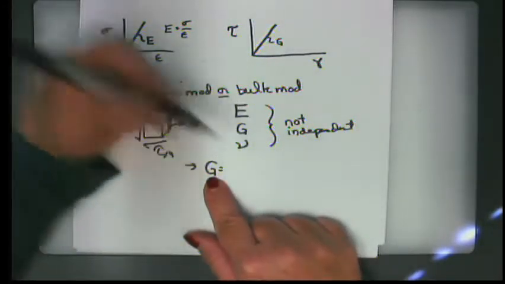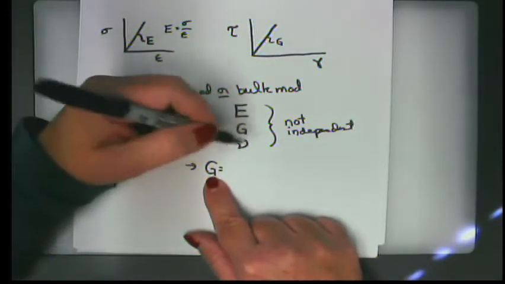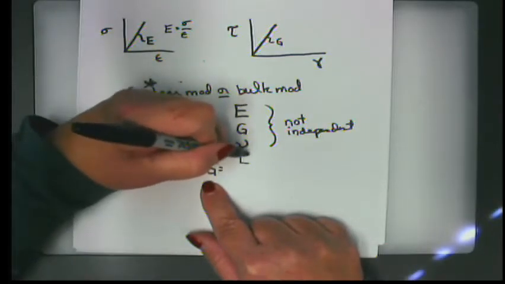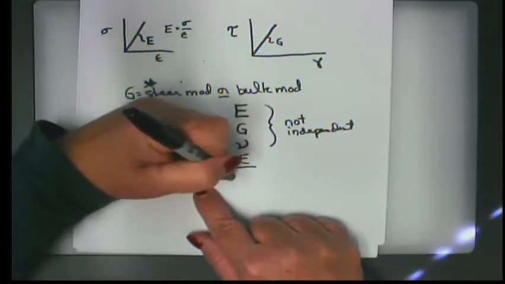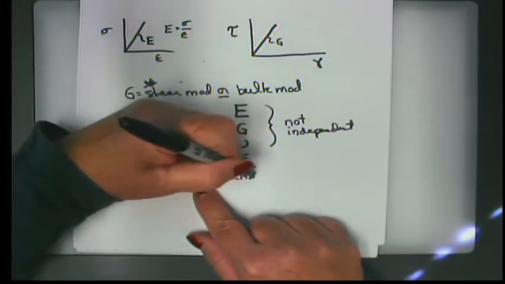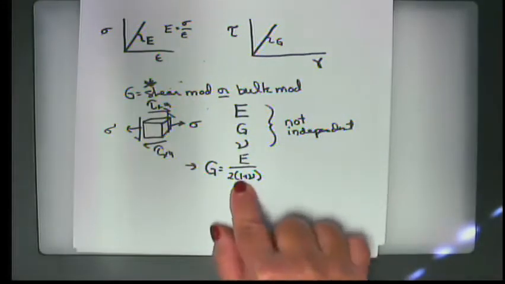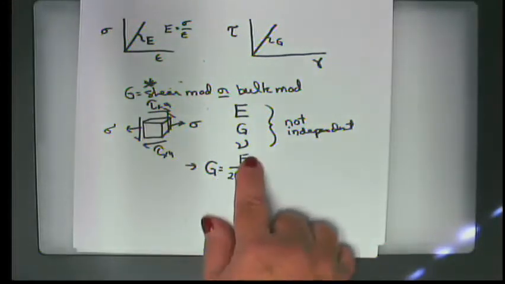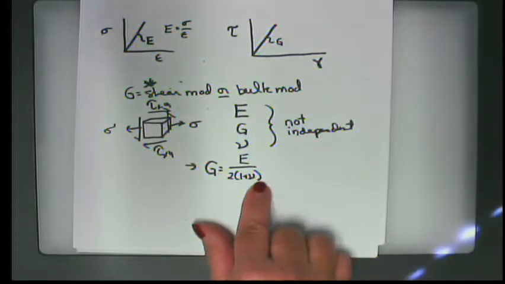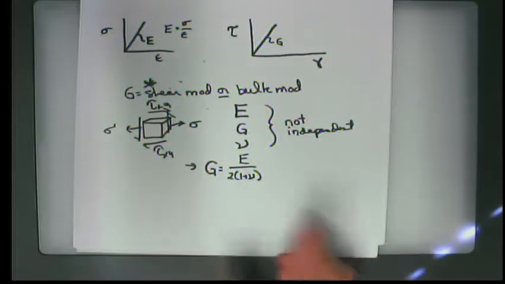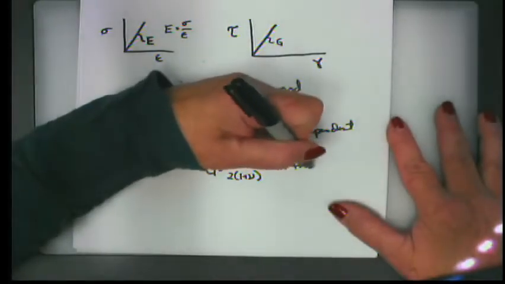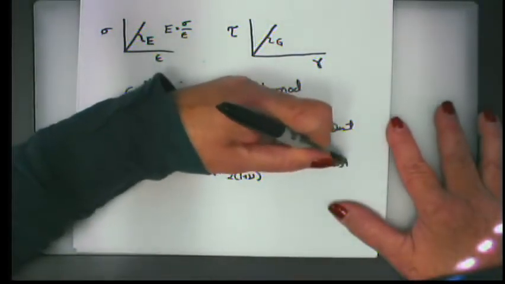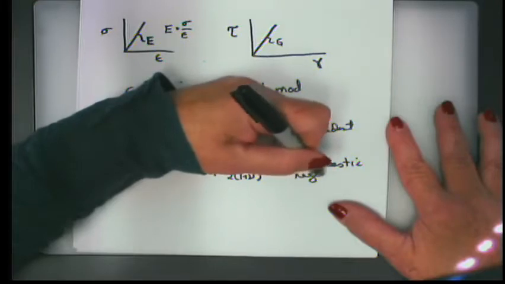It turns out that the shear modulus is equal to the modulus of elasticity divided by 2 times the quantity, 1 plus Poisson's ratio. So if you look at this equation, you can see that if you know E and G, you can find nu. If you know nu and G, you can find E, and so forth. And that's for all normally behaving materials in the elastic region of behavior.